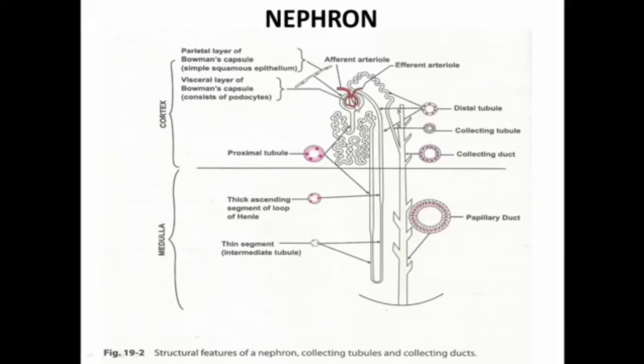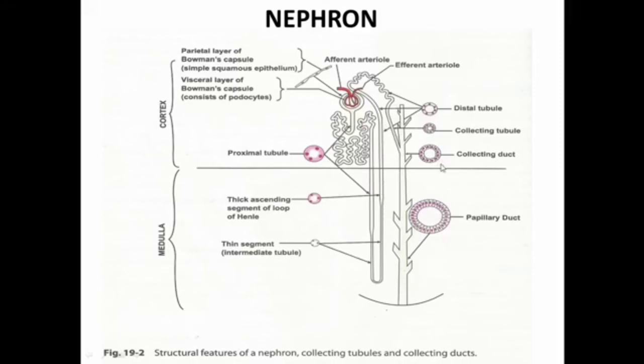So renal corpuscles are all present in the cortex, and the convoluted part of the proximal tubule as well as the convoluted part of the distal tubule are all present in the cortex. And in the medulla, you can see some portion of the straight part of the proximal and some portion of the straight part of the distal, and then the loop of Henle, all these are present in the medulla.